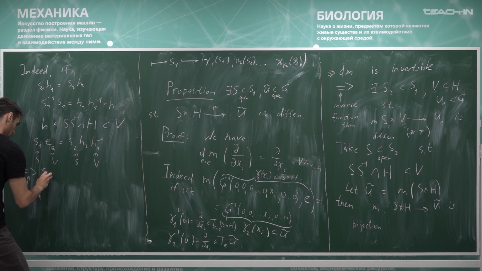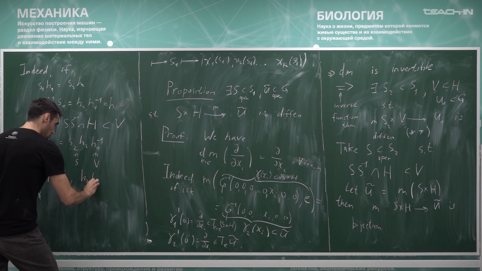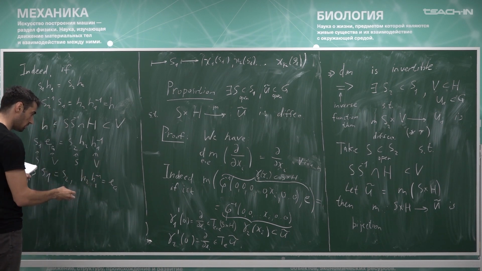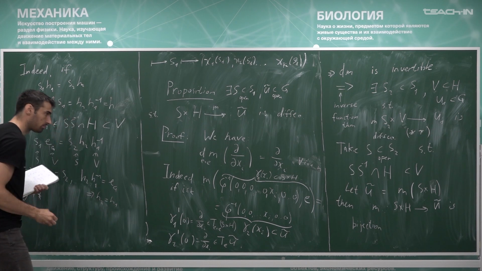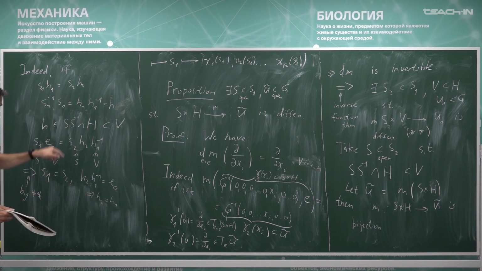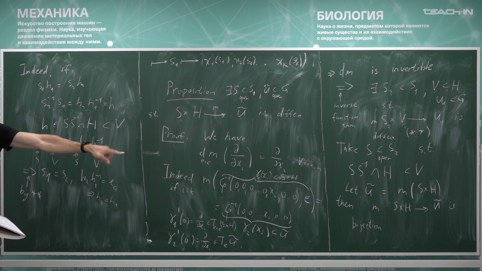S1 equals S2, and H2 H1 inverse is identity, meaning that H2 equals H1. So we proved that if this happens, then S1 equals S2, H1 equals H2.